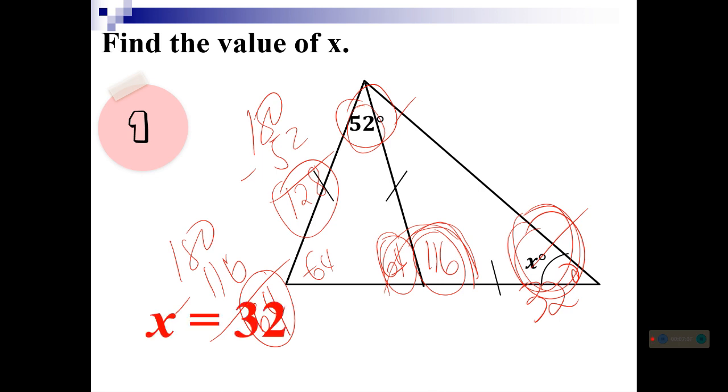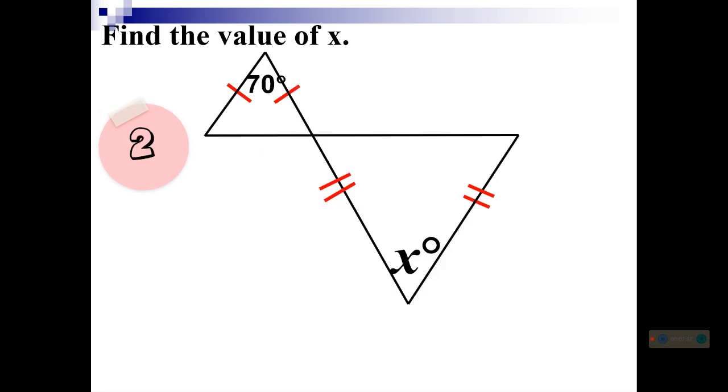Next, number 2. We are given the vertex angle, so 180 minus 70 is equal to 110. Divide it by 2, so you have 55. Then, by the concept of vertical angles, which are congruent, this is also 55 degrees.